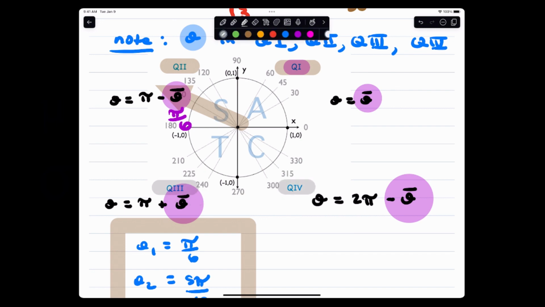So we have to get the quadrant 3 and quadrant 4 solutions now. We got to get these last two. A picture is worth 1,000 words. So you guys can see, these are all the solutions.